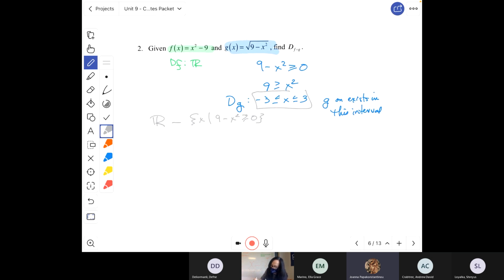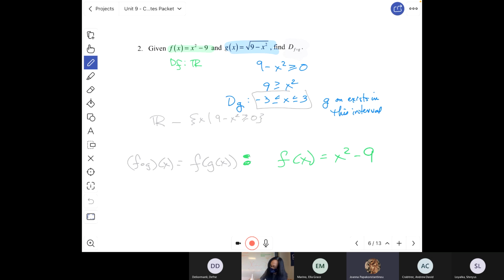So if I'm looking at f of g of x, I'm starting with f, and I'm feeding into f as its input g. How do I evaluate that?